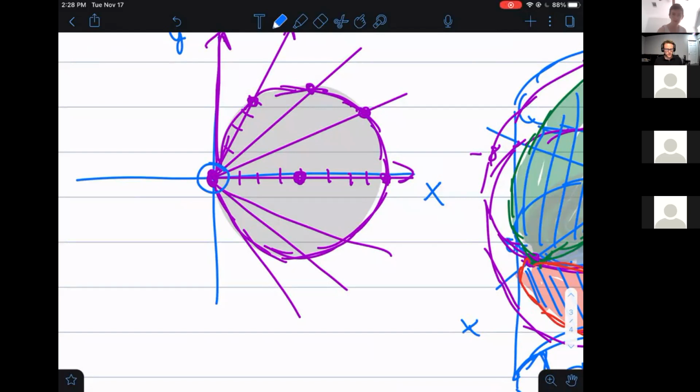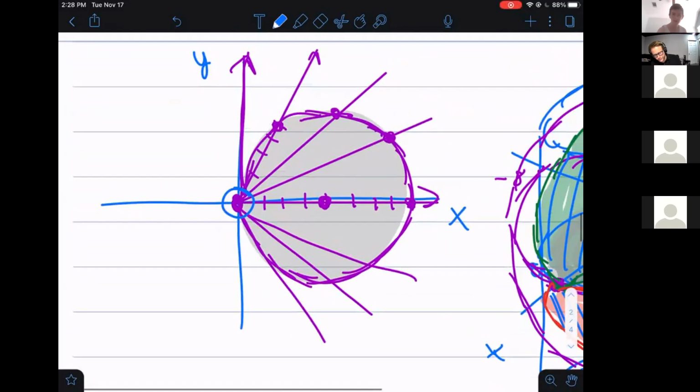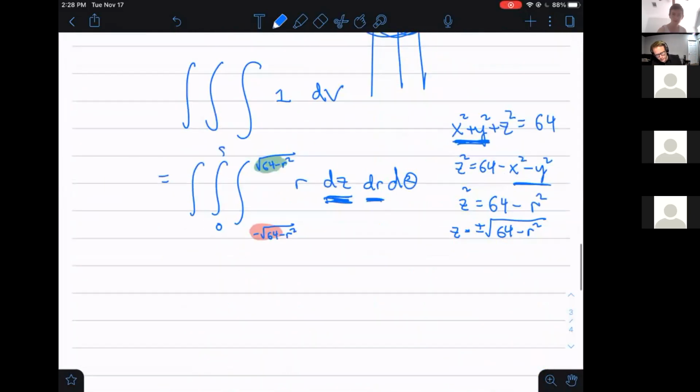So the origin has the equation r equals 0, so that's going to be this. And then you exit through this circle. Remember, back when we drew this circle, we were trying to draw r equals 8 cosine theta. So this right here is going to be the circle. R equals, great, it's already solved for r, 8 cosine theta.